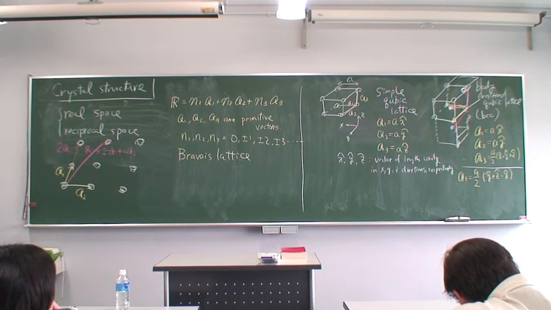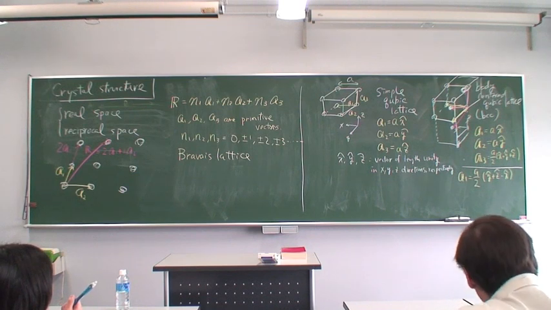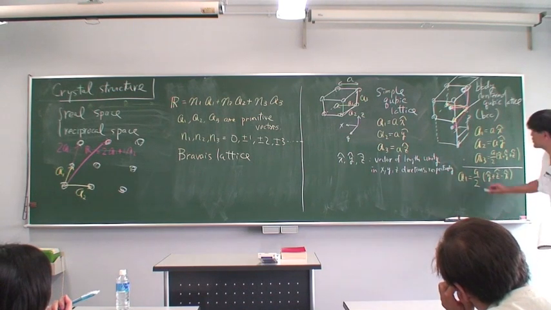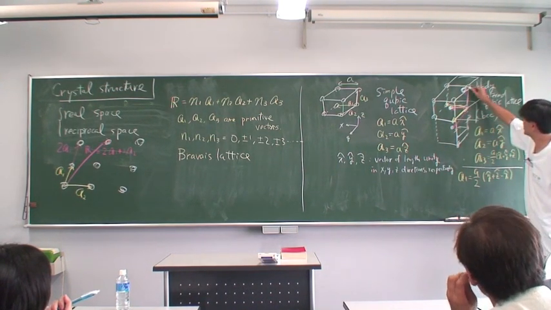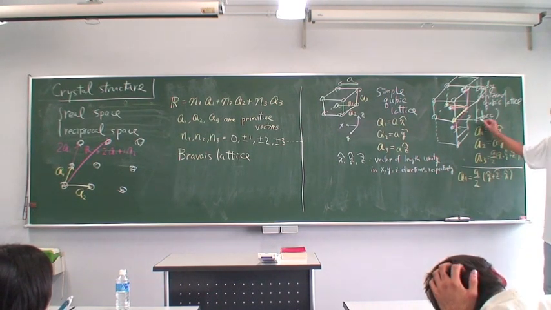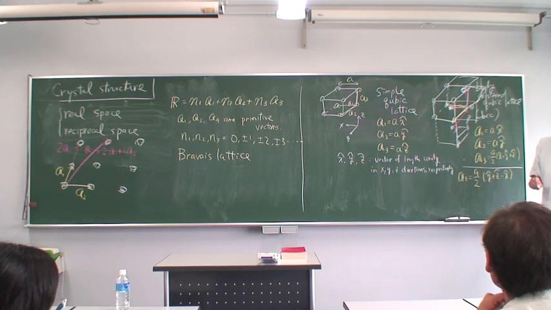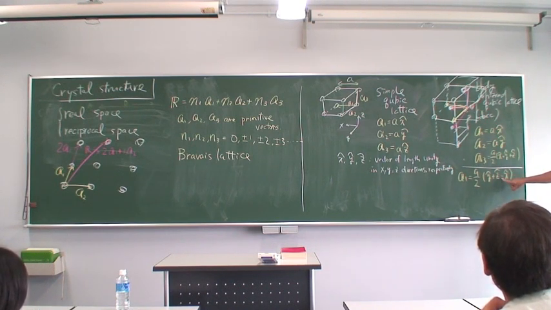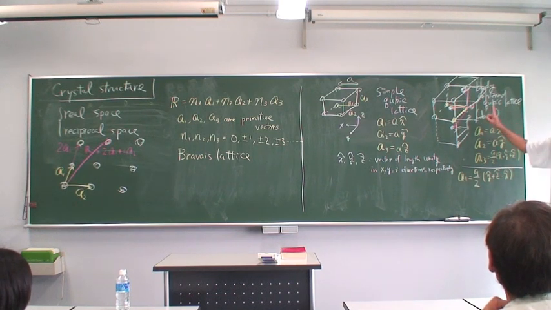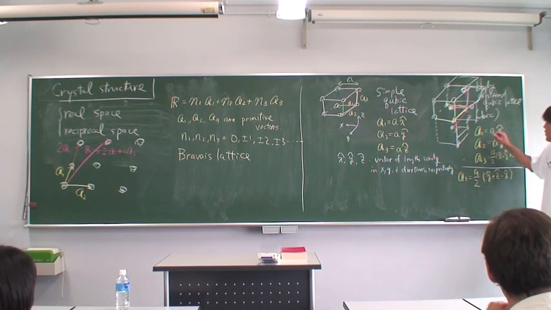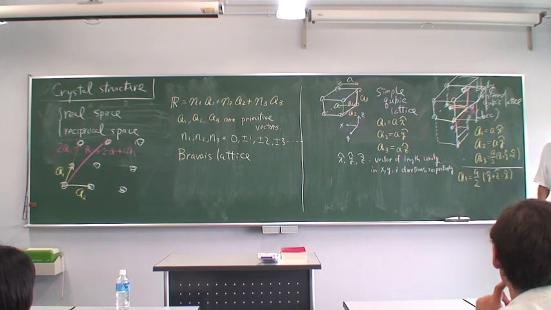I have to redefine something for the minus X. I have to add another box and choose the atom at the center of it. Now this vector is Y, Z, minus X. Is that okay? So this is A1.